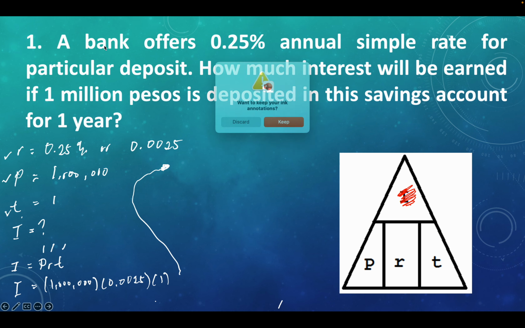Okay. So, in here, yung nakuha nating sagot is 2,500. So, interest now is equivalent to 2,500. So, if you deposited 1 million pesos with a 0.25% rate for 1 year, it will earn 2,500 pesos. Okay? So, next example.